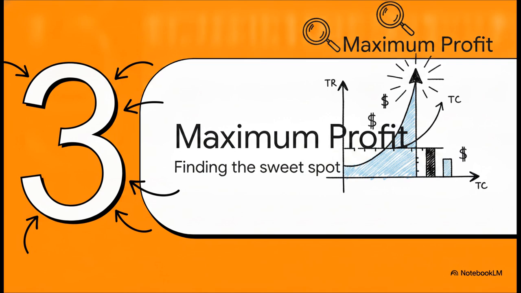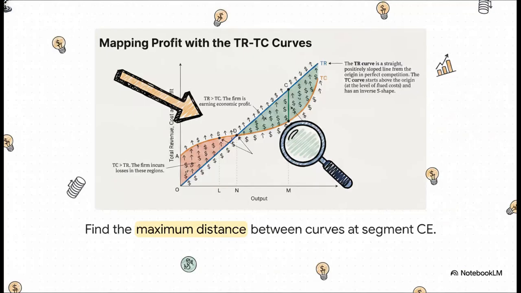All right, on to Section 3, finding maximum profit. Scan the gap between the blue TR line and the orange TC line, right there in that middle profit zone. According to the TR-TC approach, a firm achieves short-run equilibrium, which just means it has maximized its profit, where the positive difference between these two curves is the absolute greatest. We are basically hunting for the maximum vertical distance.